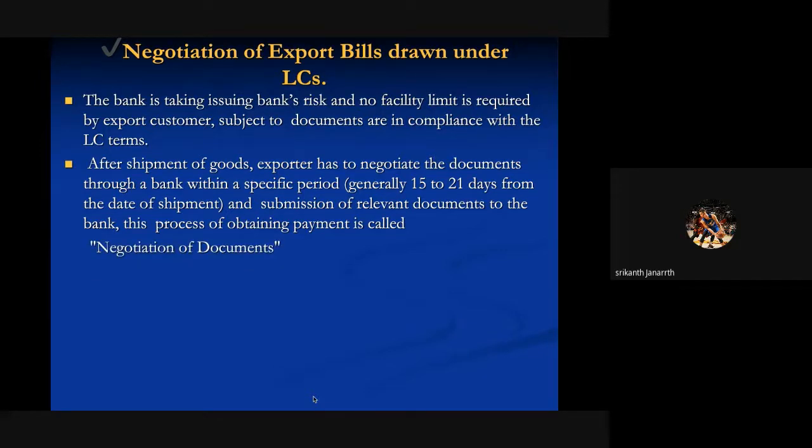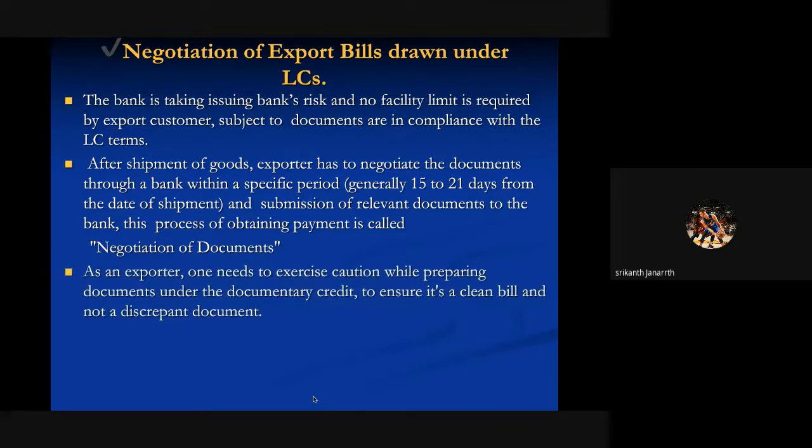Under an LC, the bank will give this facility only when the exporter submits a perfect set of documents, without any discrepancy. If the documents are perfect as per the LC, it is only under an LC. Remember, no other terms. Negotiation is only under an LC. When the LC's terms are perfectly met and a credit period is given, the bank will advance.